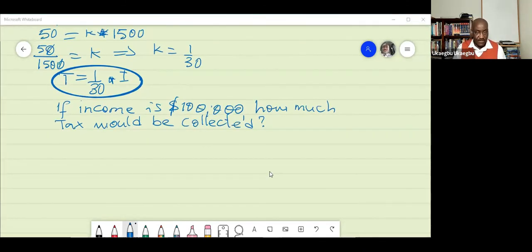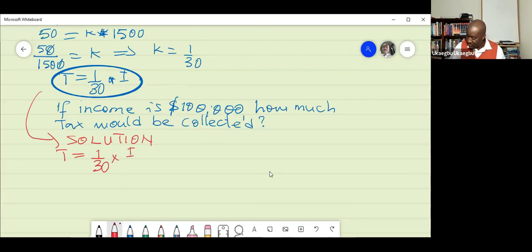All right, so now before I give you the work, let me do this solution. We are going to use the formula C equal to 1/30 multiplied by I. And it says if income is 100,000. So we have C equal to 1/30 multiplied by I, which is $100,000, and that will give us what?